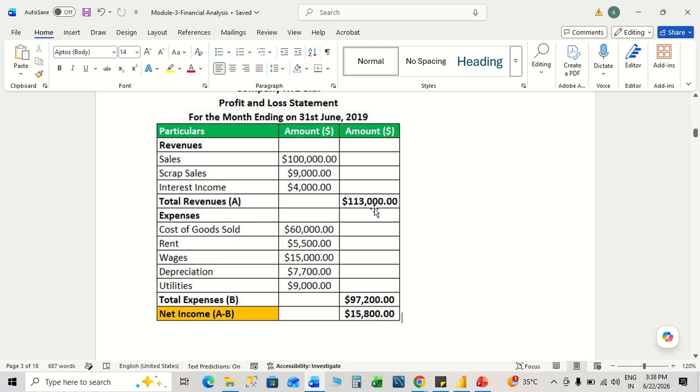Total revenues $1,13,000. Cost of goods sold 60,000. Rent, wage, depreciation, utilities. So total expense is 97,200. So 1,13,000 minus this, sum A plus B, that is 15,800.